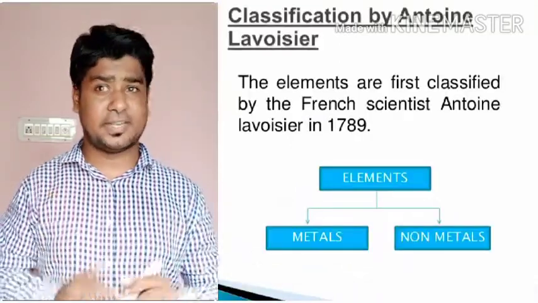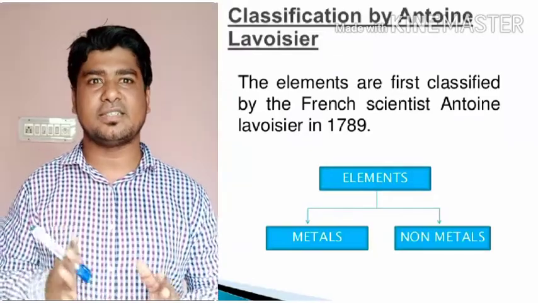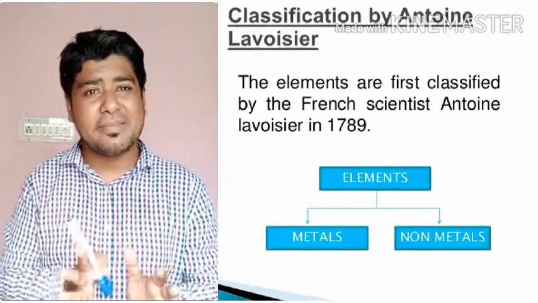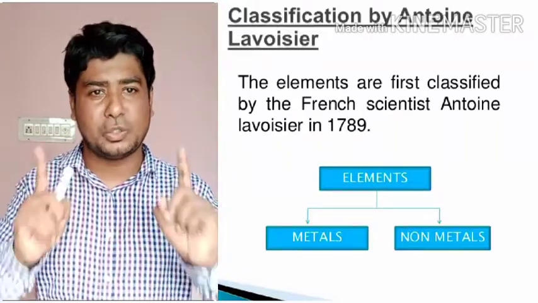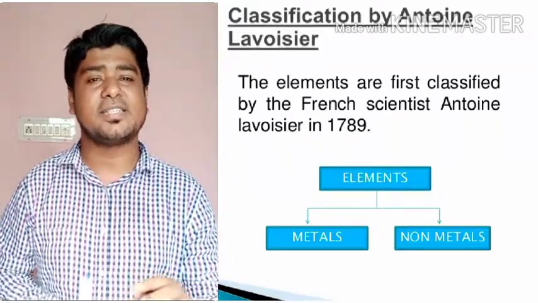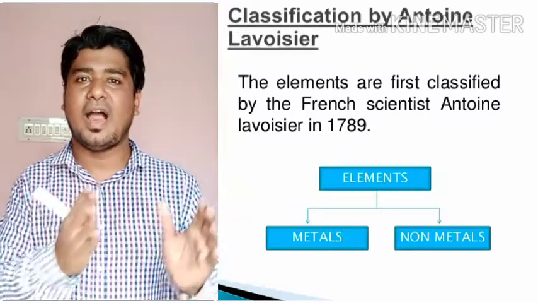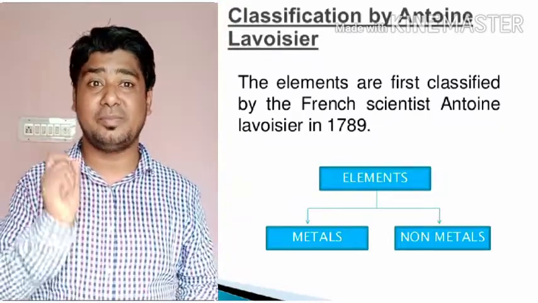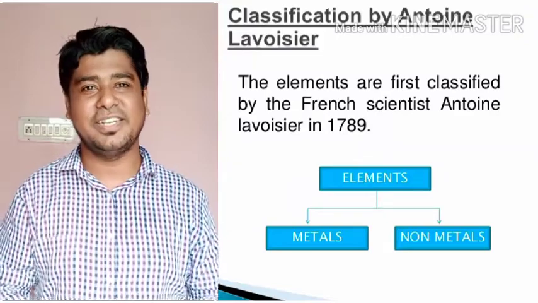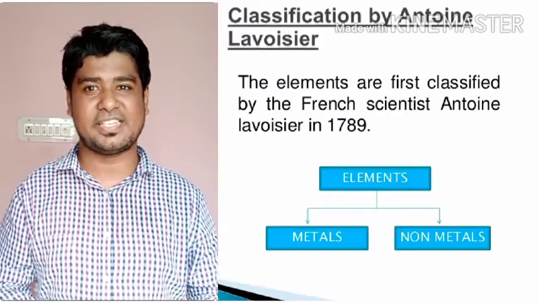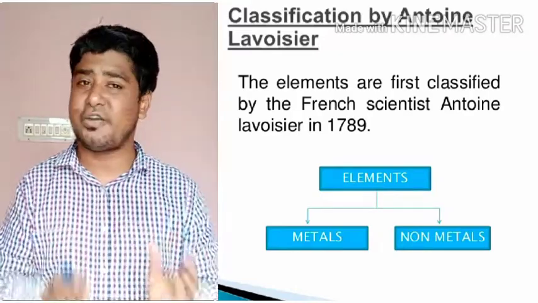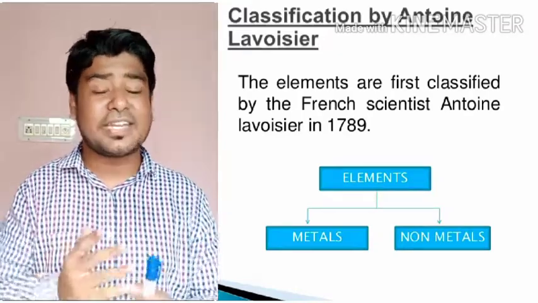Okay, the first step in classification was done in a very simple way, that elements were grouped in two different ways, that is metals and non-metals. You have a separate chapter about metals and non-metals. You are going to study that in depth. But this classification, where we divide elements into metals and non-metals, is not convenient.